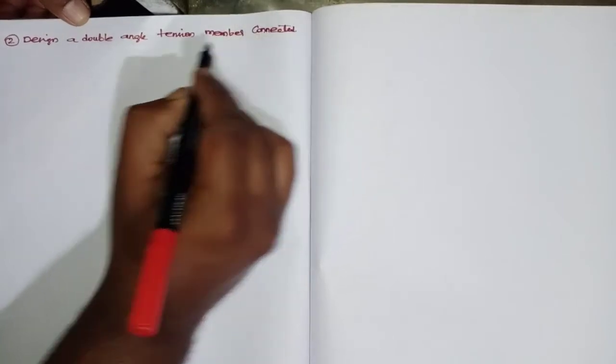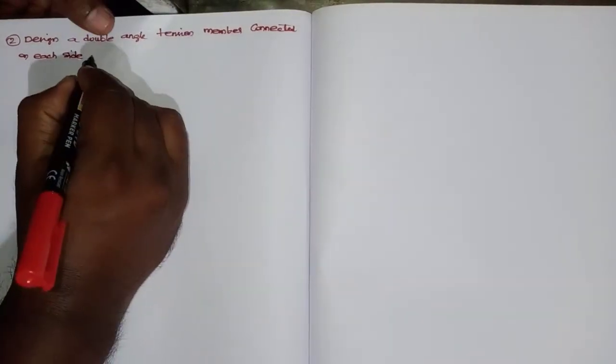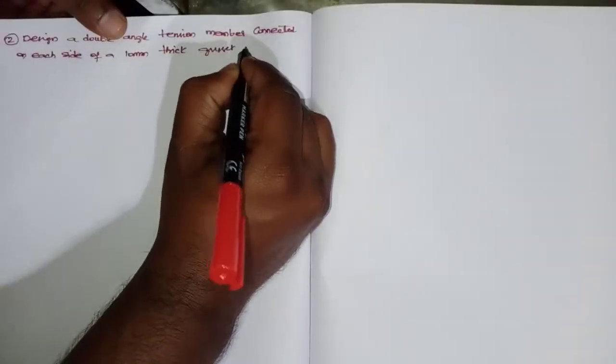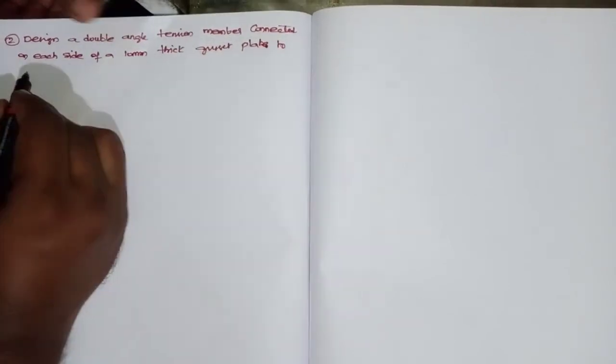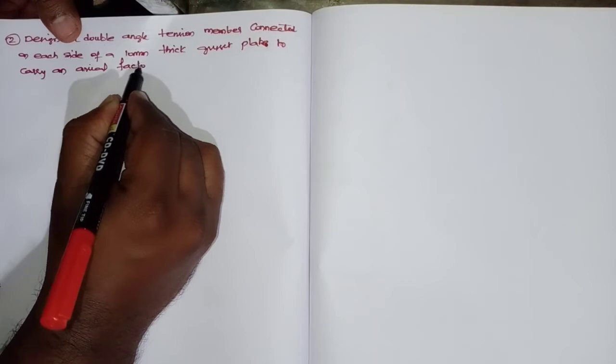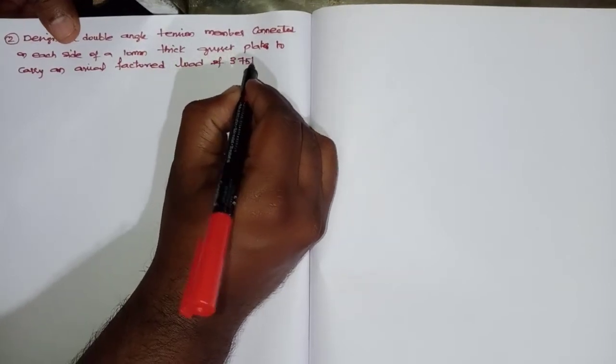So next, second problem: design a double angle tension member connected on each side of a 10 mm thick gusset plate, to carry an axial factored load of 375 kilonewtons.